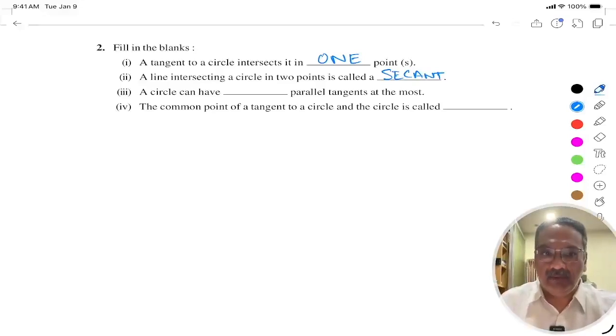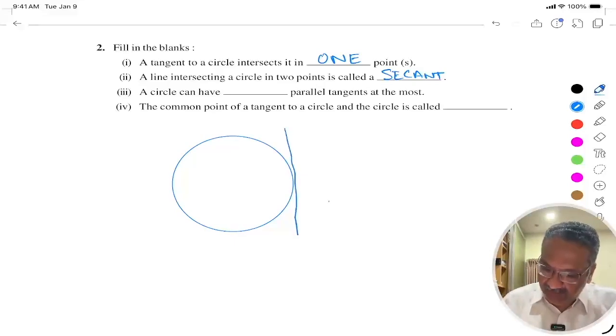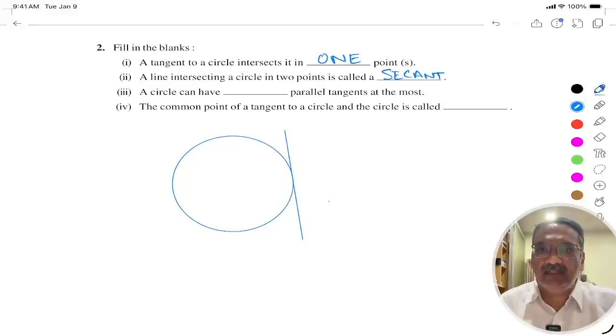Now the third one: a circle can have dash parallel tangents at most. See, the tangent at any point of a circle, we know. Now consider a circle. If you draw a tangent here, this tangent intersects at one point.